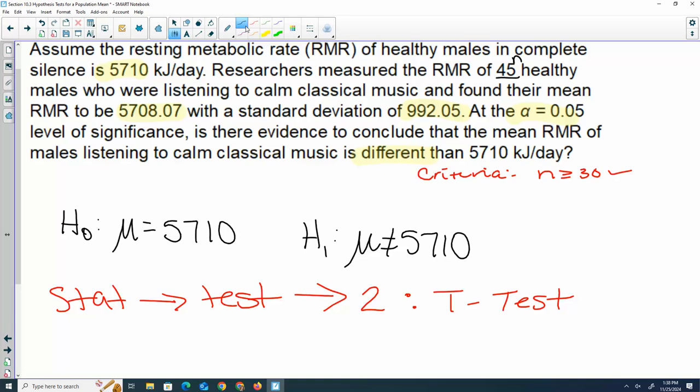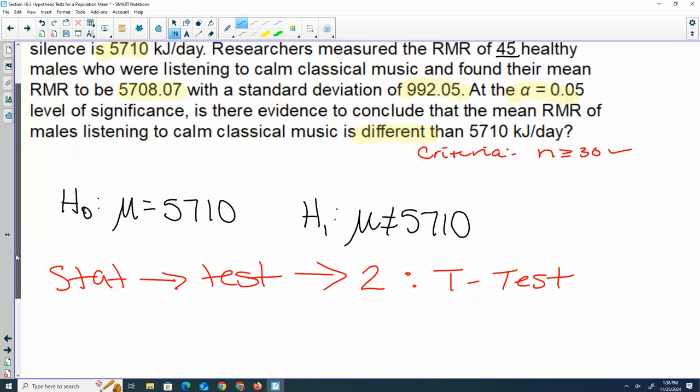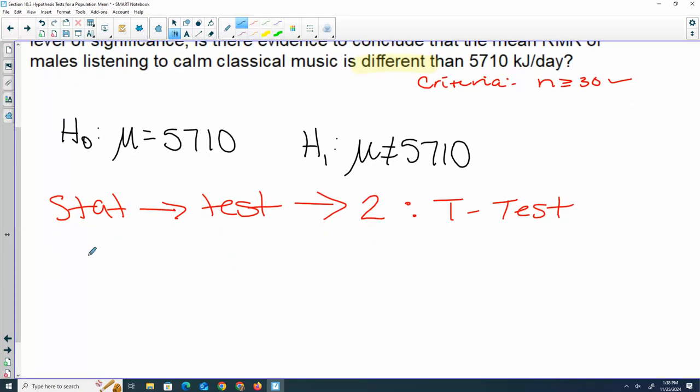All right, now it's going to ask us questions. Are we going to base it off data or stats? Stats. Data is if I give you all the original values and you have to enter them into your list. We're going to base it off stats. The mu sub 0 is the mean of the null hypothesis, which is 5710.